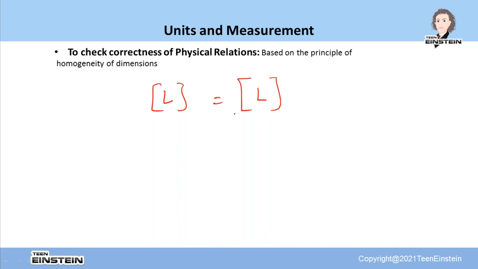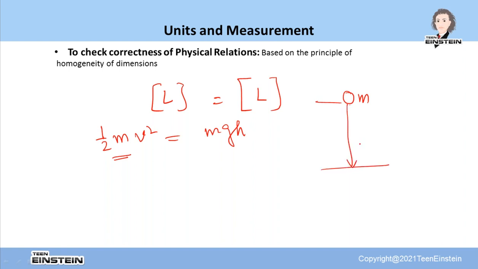So this is how you can find out whether any physical equations are correct or wrong. Actually, we can take one simple example, one more example. We know half mv square, which is kinetic energy, is equal to mgh. It is actually when you just drop any object of mass m from rest.